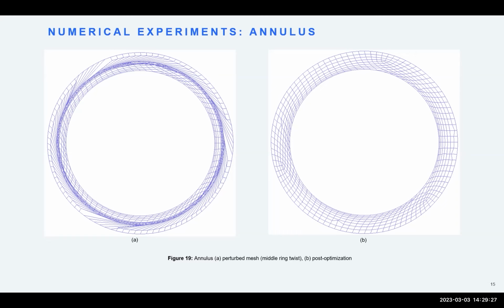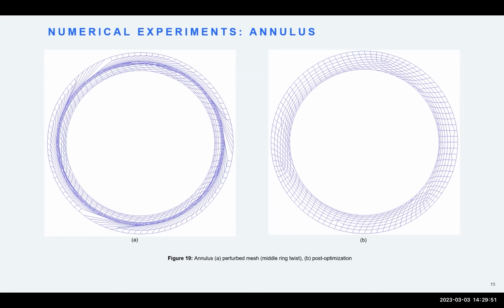It works for almost everything. We just have to test it on a huge data set to see how it performs on a big number of test cases. The more test cases it can untangle, the more confident we can be in the method's ability to untangle almost everything. So here, this annulus, we twist the middle ring.